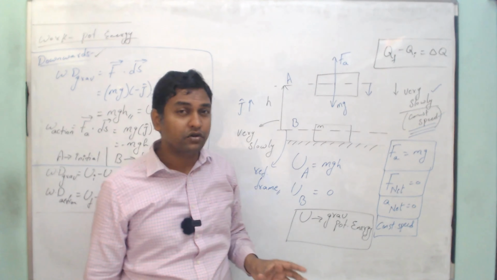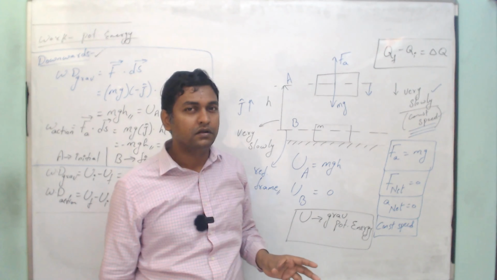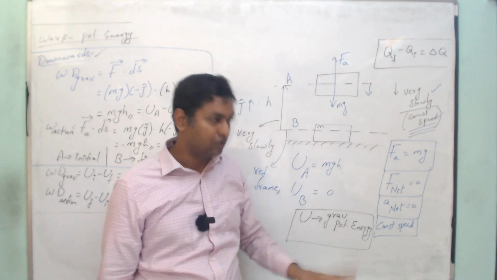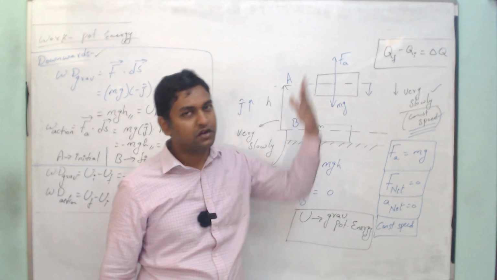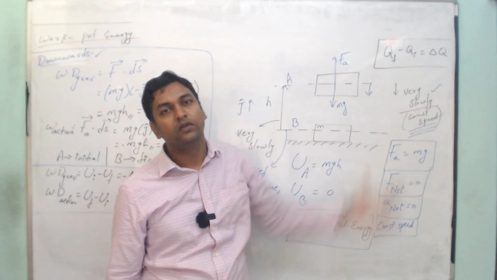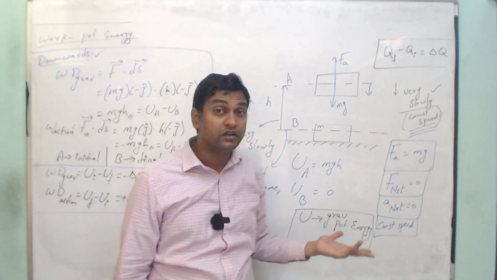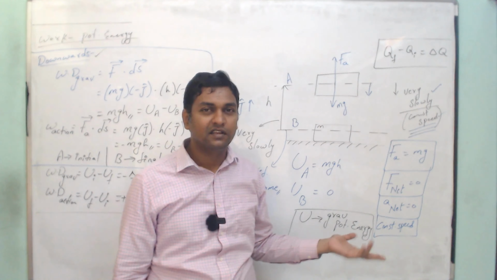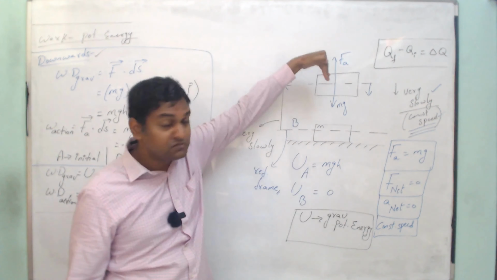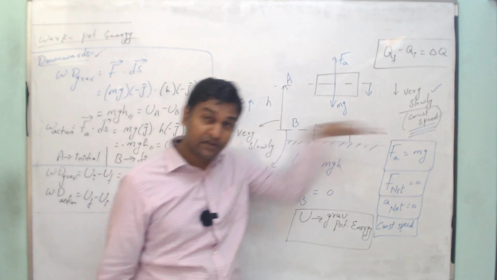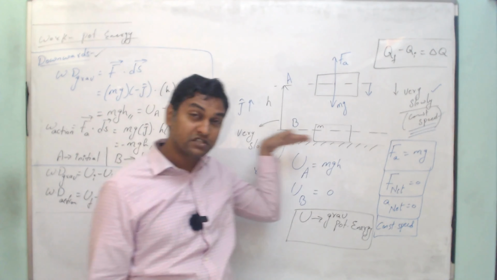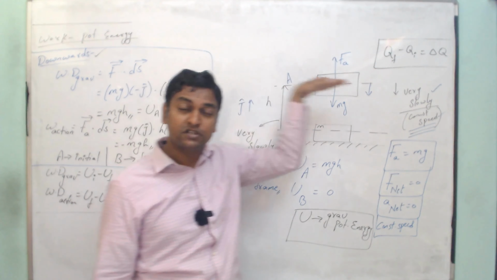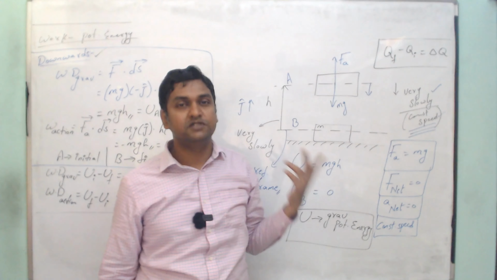Are you getting my point? Now, the values are all the same. What are we trying to figure out then? We're trying to figure out the language part of it. Mg is downward. I said the reference potential, gravitational potential energy is 0 here, and gravitational potential energy at A is mgh.